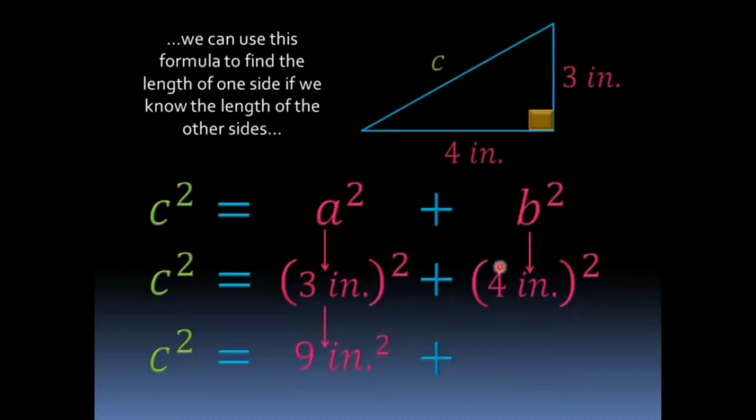Plus 4 inches squared is like 4x squared. 4x squared is 16x squared. So 4 inches squared calculates to be 16 inches squared, or 16 square inches.